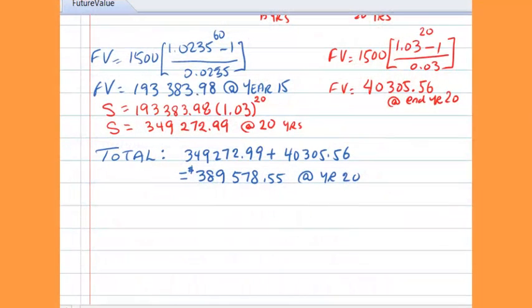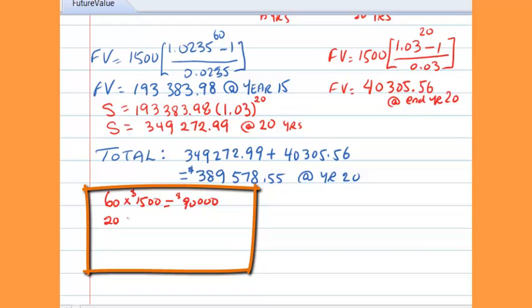And so, if we were asked the question, how much of that $389,000 is interest, it would be a very easy calculation for us to work out. First of all, the $389,000 includes the interest. The amount that doesn't include the interest is our deposits, and we've made a total of 60 deposits of $1,500, which adds up to $90,000. We made a total of 20 deposits of $1,500, which adds up to a total of $30,000.